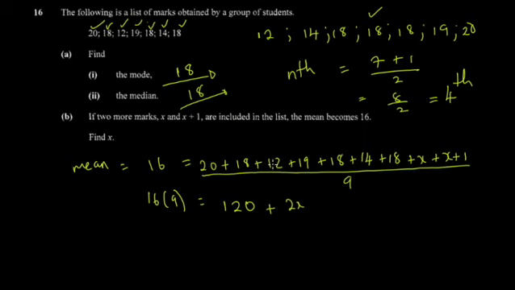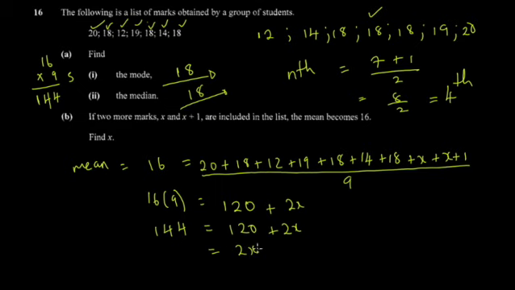And 16 times 9 you can also work out: 9 times 6 gives 54, so you leave 4 and carry the 5. Then 9 times 1 gives 9, plus the 5 gives 14. So you get 144. So 144 equals 120 plus 2x.